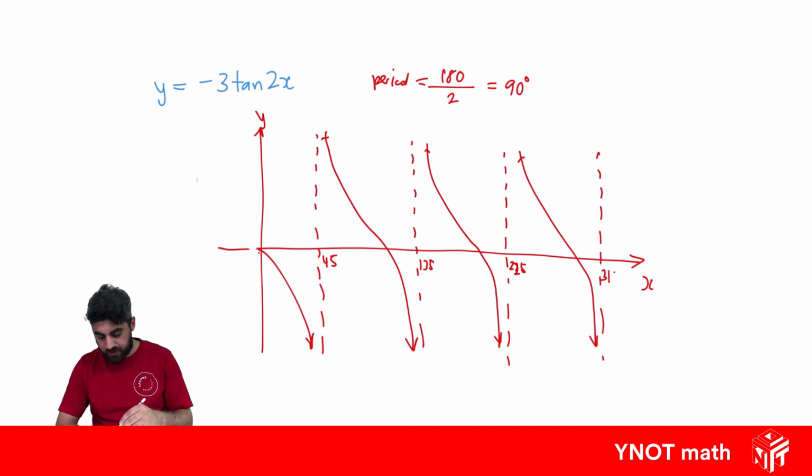Another 90 to 315. A bit more room. And we've only got 45 left, so we're only going to draw in half a tan graph, and that'll get us to 360.